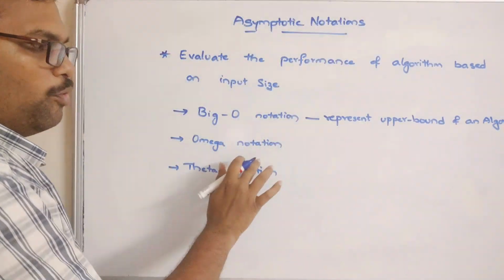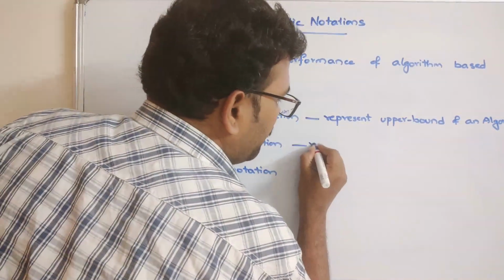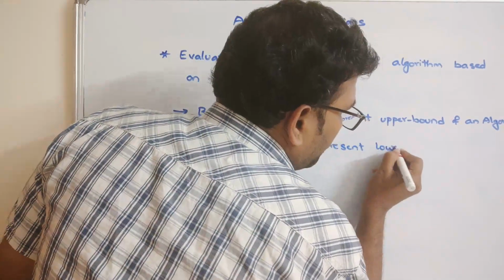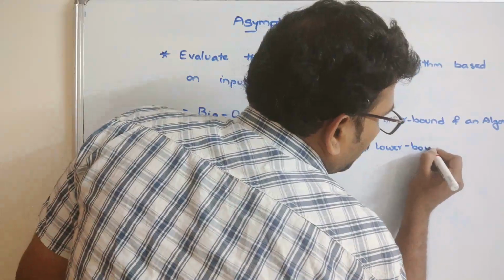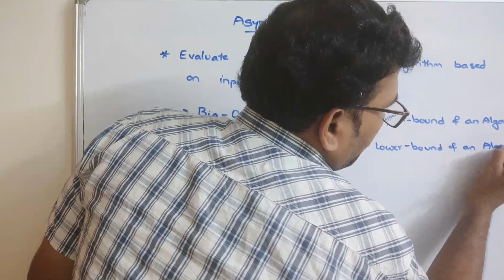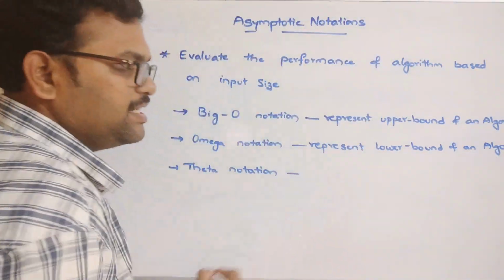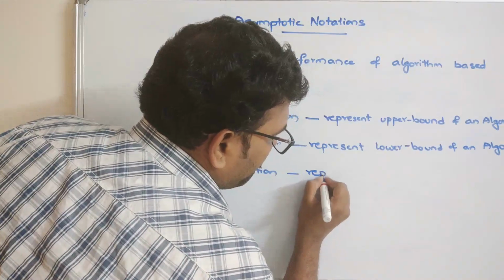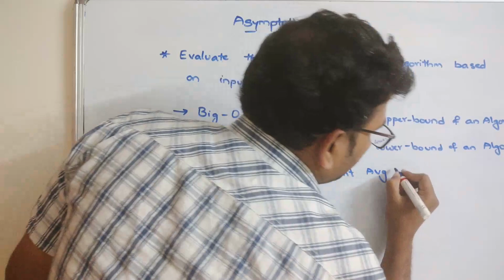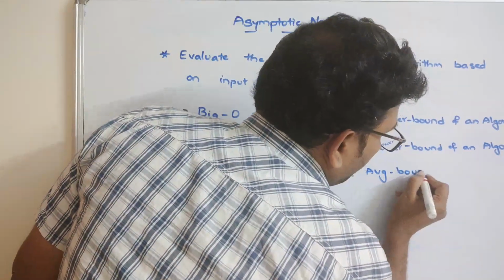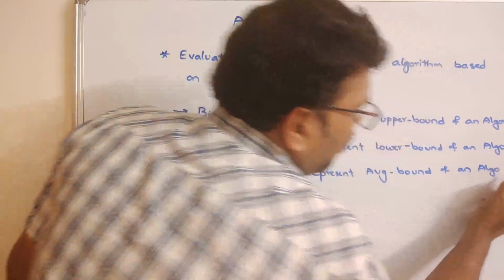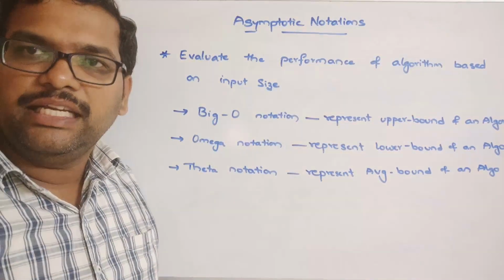Omega notation is used to represent the lower bound of an algorithm. And theta is used to represent the average bound of an algorithm. All three depend upon the input size.